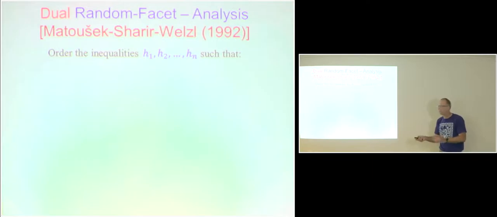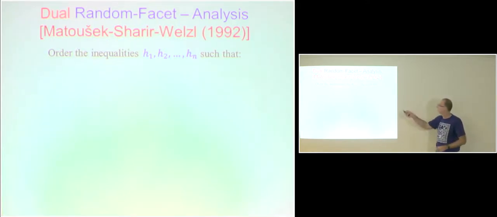And to be fair, I should say that Matoušek-Sharir-Welzl came up with this algorithm in 1992, and they showed that it improved Seidel's, but they didn't quite know how to get a tight analysis of their algorithm. And independently, around the same time, Gil Kalai had a primal version of the simplex algorithm, and he proved that his algorithm is sub-exponential.